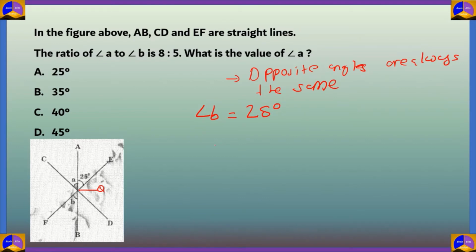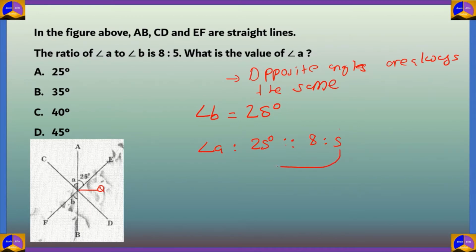Now, if we convert the statement, the ratio of angle A to angle B is 8:5 into mathematical terms, we get that angle A is to angle B as 8:5. Now we can replace angle B with 25 degree. How did we get 25 degree?